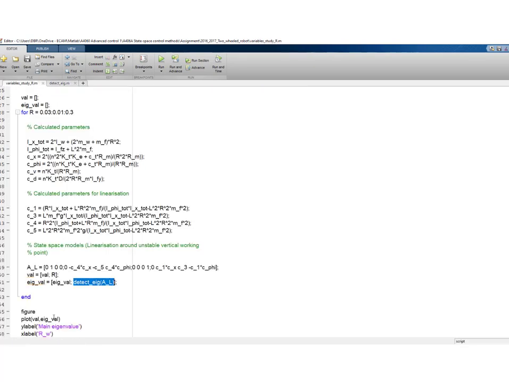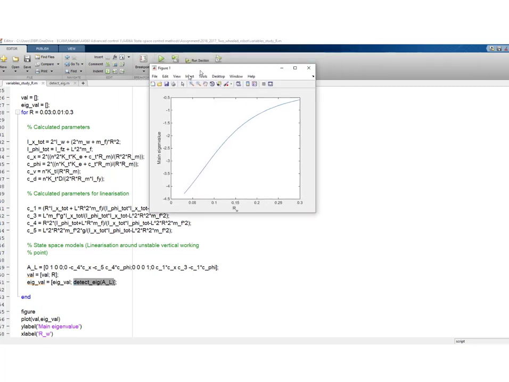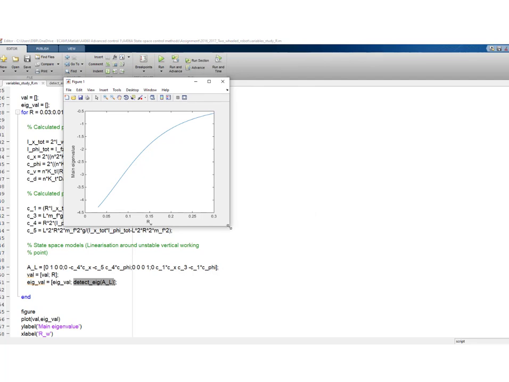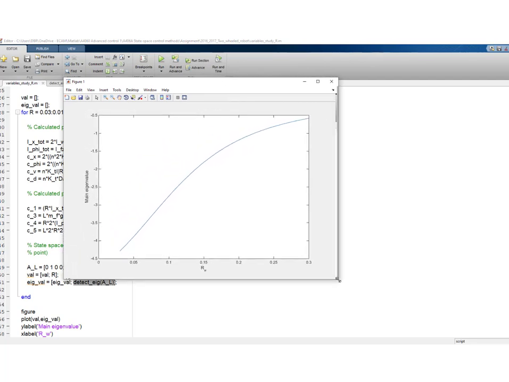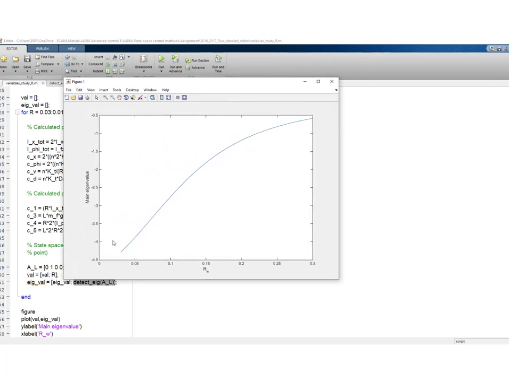So what you can then do is plot the value of the eigenvalue as a function of the radius of the wheel, and if you do this, this is what you obtain. And you can see clearly that the main eigenvalue is increasing with the radius of the wheel.